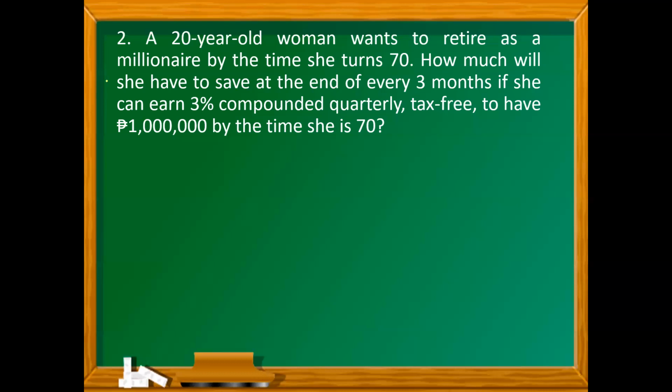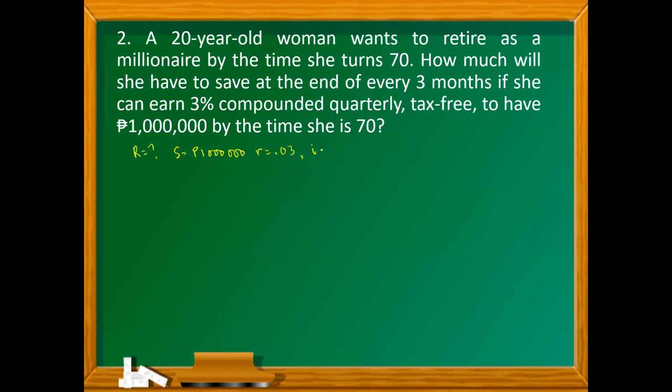So R here is missing. And by inspection, S equals 1 million pesos. And then the annual interest rate equals 0.03.